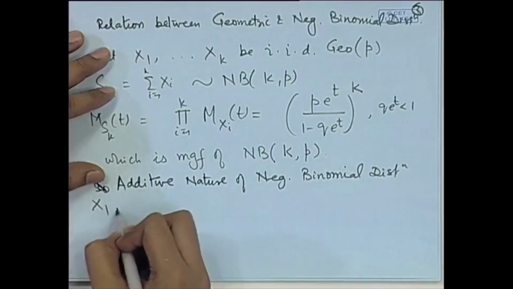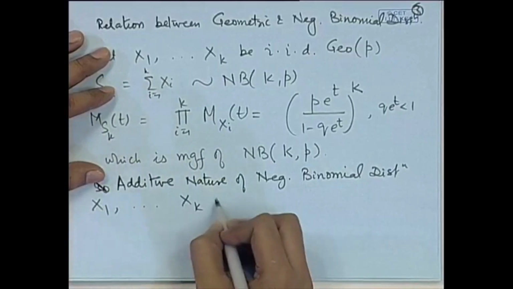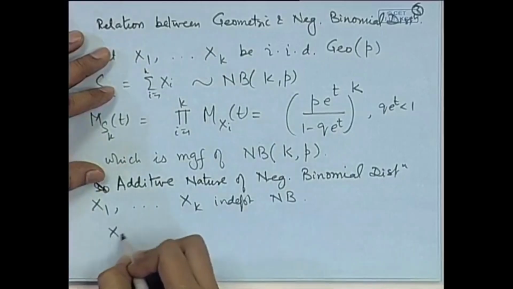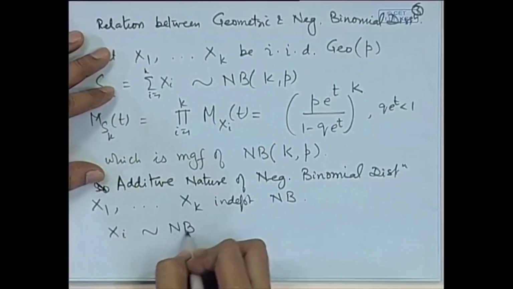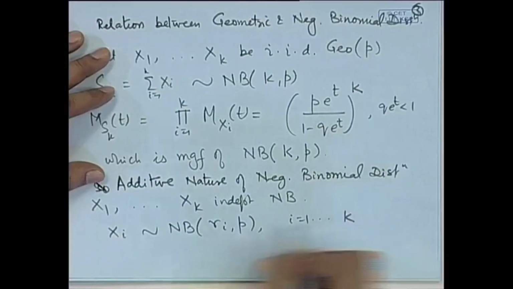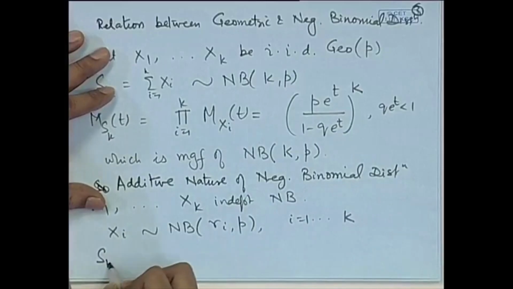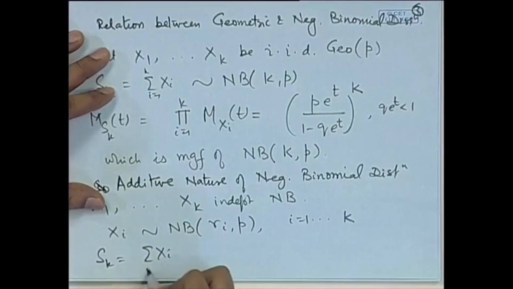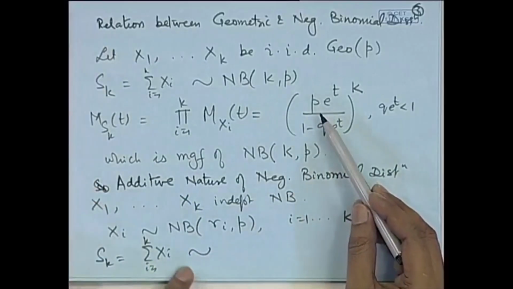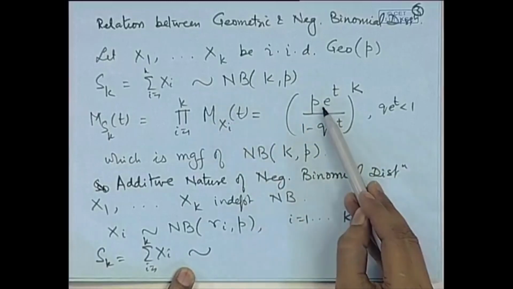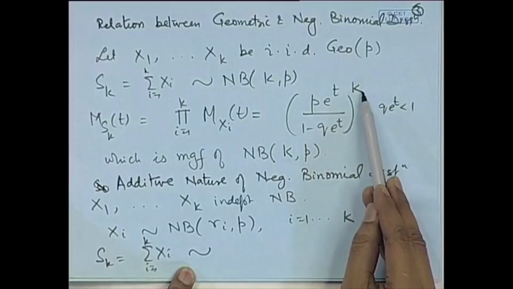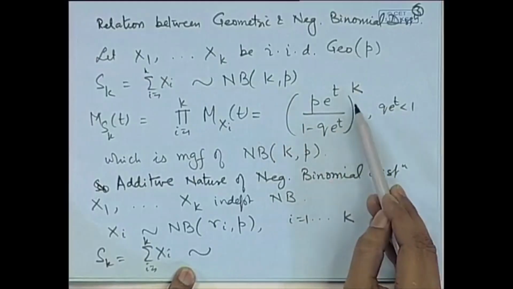So, if I have X1, X2, ..., Xk independent negative binomials, and say Xi follows negative binomial with parameters ri and p, i equal to 1 to k. Then if I consider the distribution of Sk, that is the sum of Xi, i equal to 1 to k, by this property, when we are multiplying the moment generating functions, I will be multiplying (p e^t divided by 1 minus q e^t) to the power ri for i equal to 1 to k.